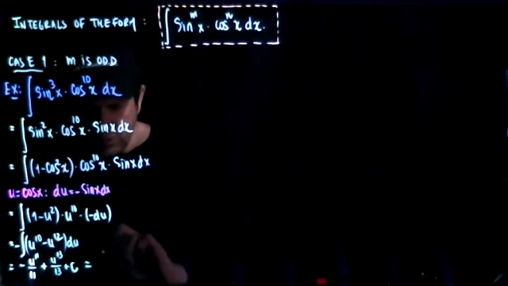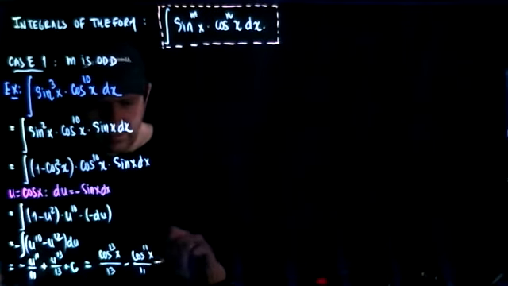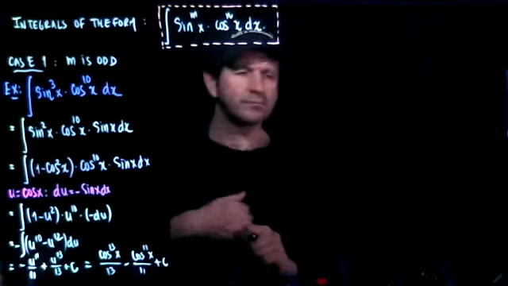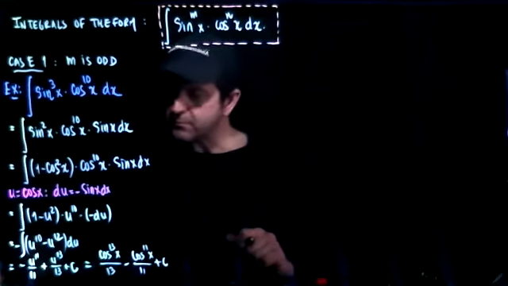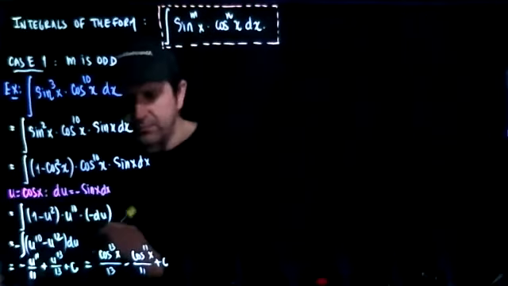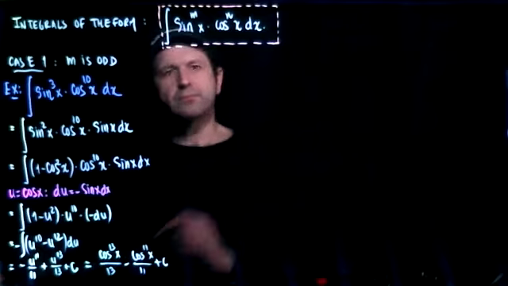So I have cos^13 x over 13 minus cos^11 x over 11 plus c, and this is my answer. Where did the u^12 come from? It's u^10 times u squared, distributed here.